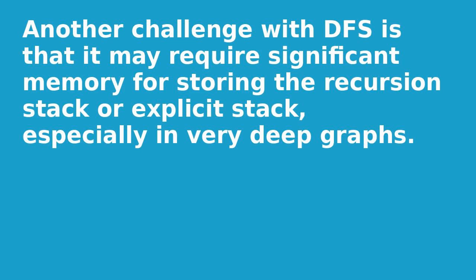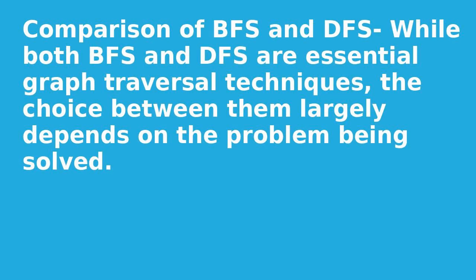Another challenge with DFS is that it may require significant memory for storing the recursion stack or explicit stack, especially in very deep graphs. Comparison of BFS and DFS. While both BFS and DFS are essential graph traversal techniques, the choice between them largely depends on the problem being solved.